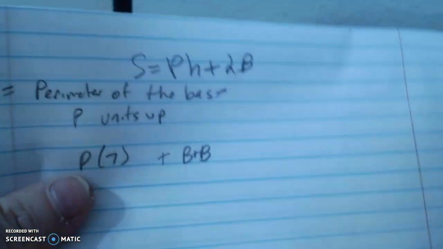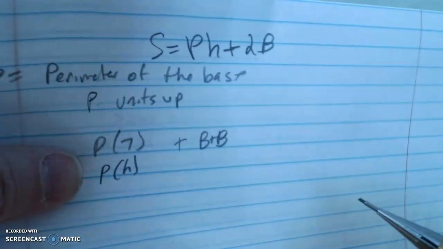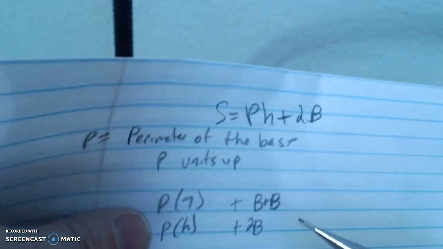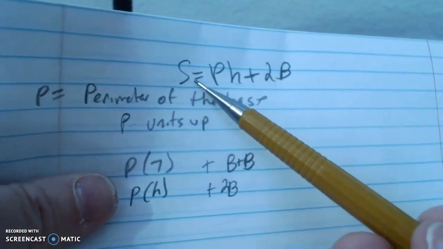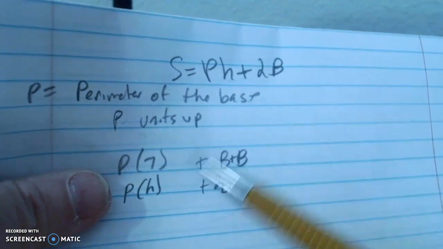And yes, I know mine is open, but if I covered here, that would be another base. So basically, I did my perimeter times my height. I covered my top, and I covered my bottom. And that's how you come up with the formula S equals PH plus 2B.